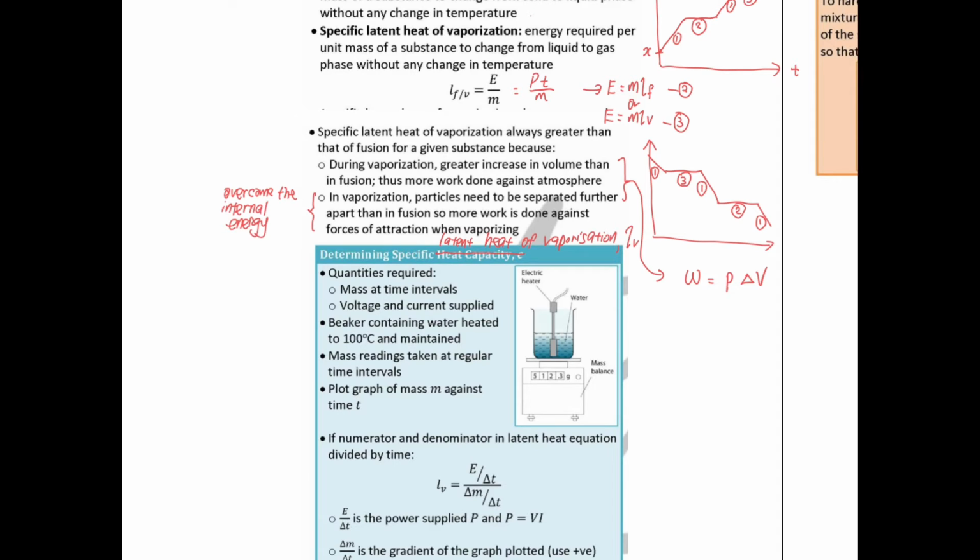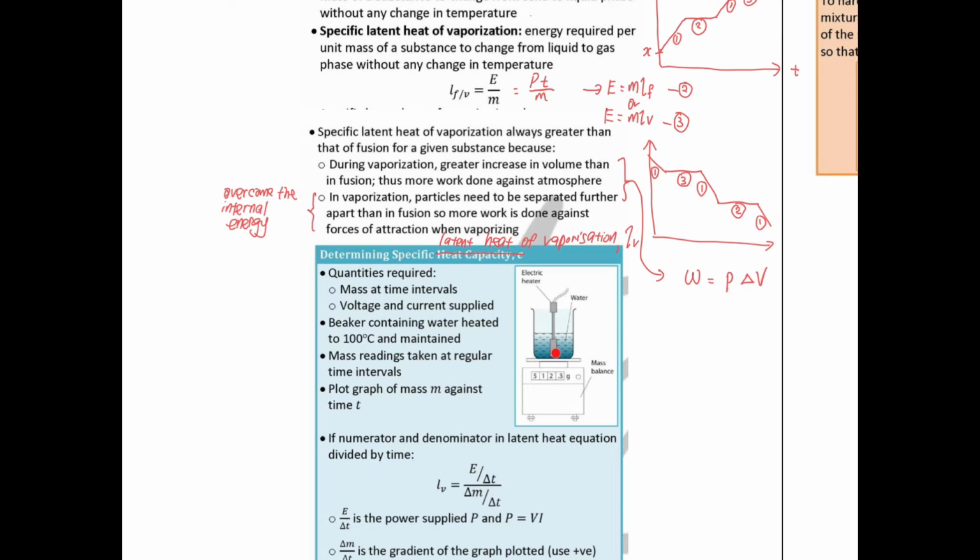Okay, so now here, quantities required: mass at time intervals. So imagine your apparatus is set up in this way. You have liquid in the container. You heat up the liquid, you heat up the water. Of course, initially you write down the mass.